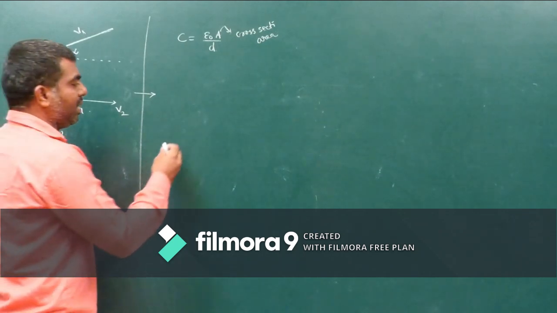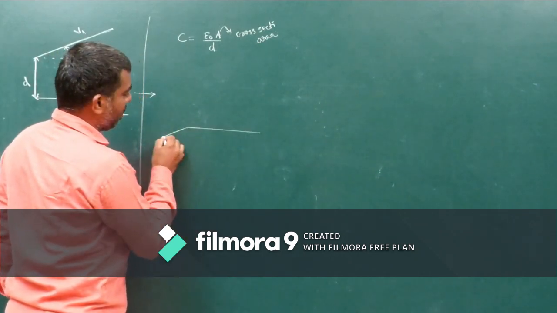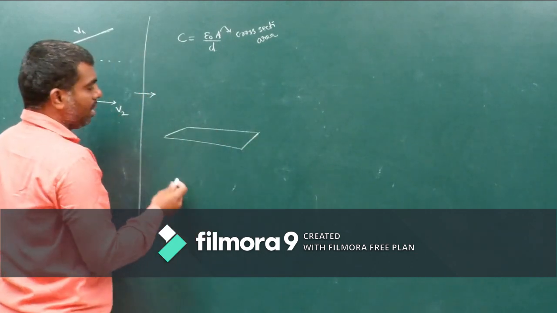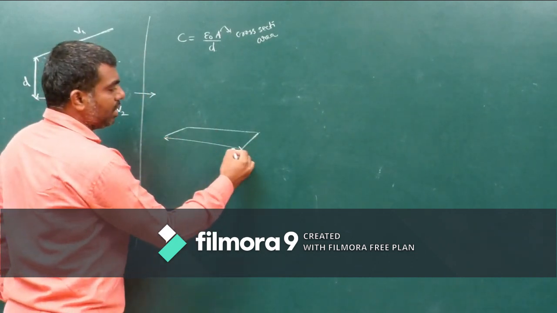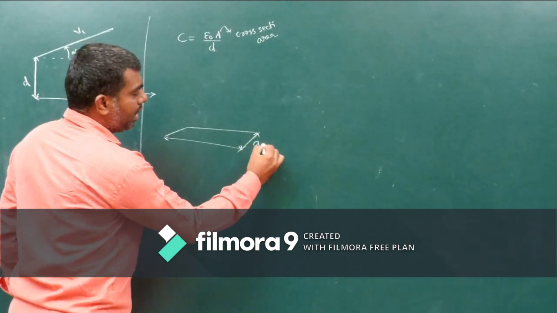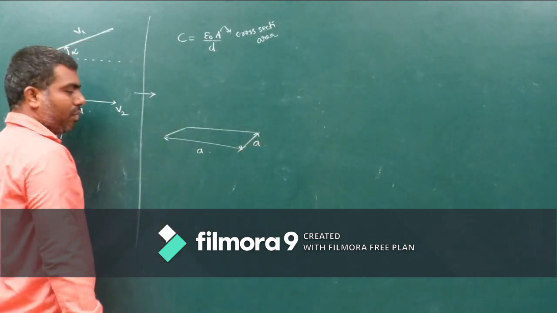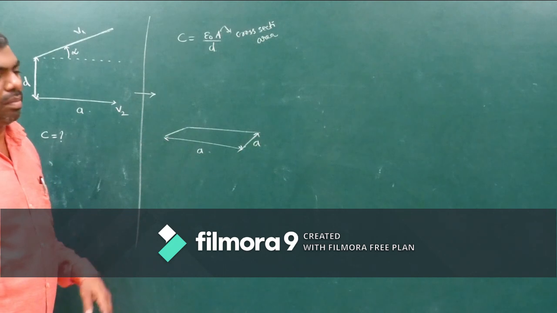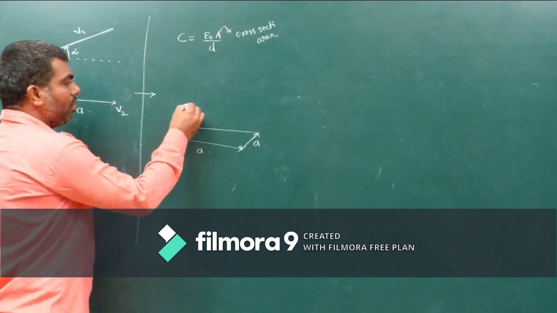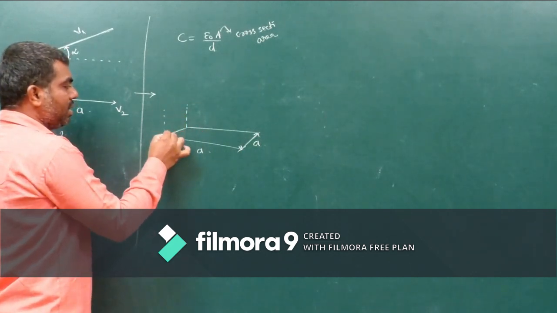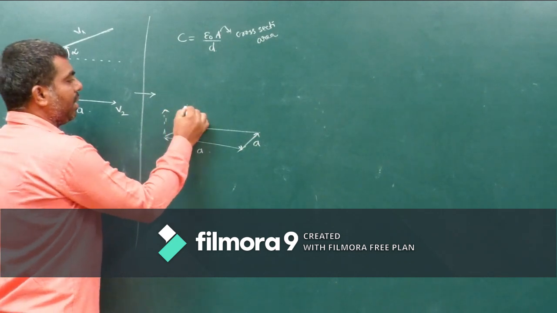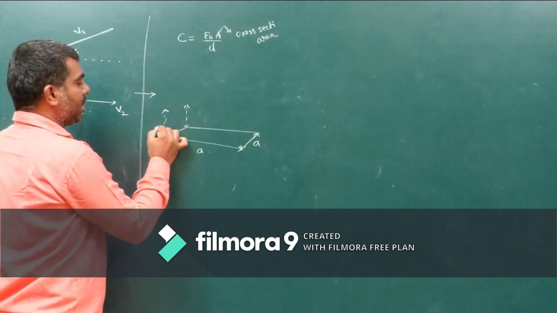The first plate is like this. This is the first plate, in the square shape, which means this is A as well as this. Of course, it is a square. Now from here, at D distance, we have another plate. This is the distance D actually.